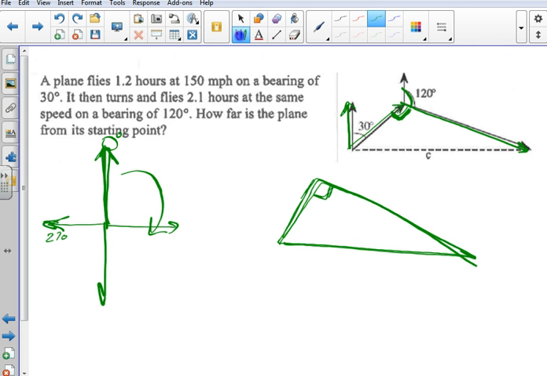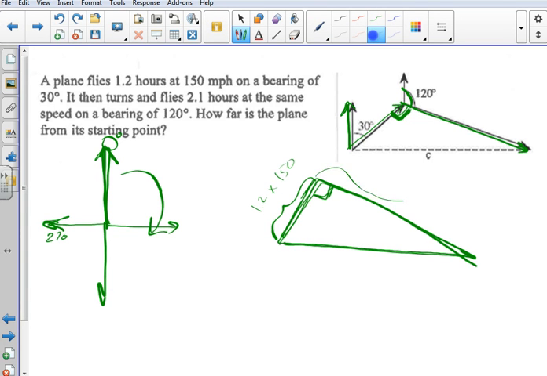Okay. Now, what about the distances? Well, this is enough information to get me this distance right here. Because if I travel at 150 miles an hour, let's say I just went for 1 hour, well then I would go 150 miles, right? So we just multiply these two to get the distance. So this distance here is going to be 1.2 times 150 miles per hour.